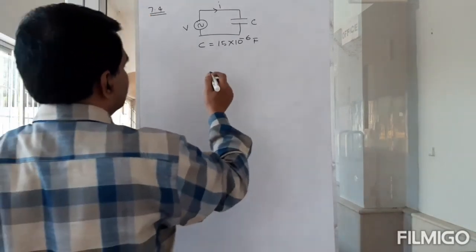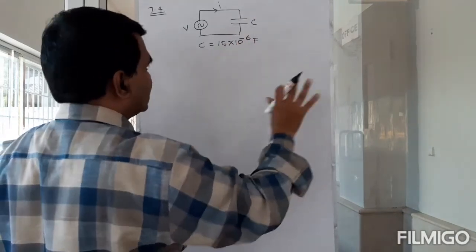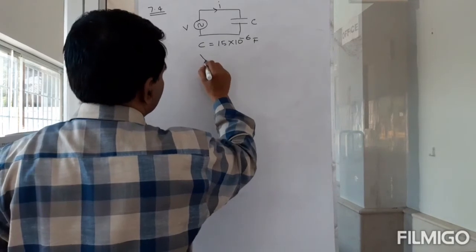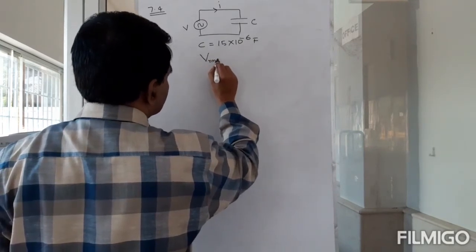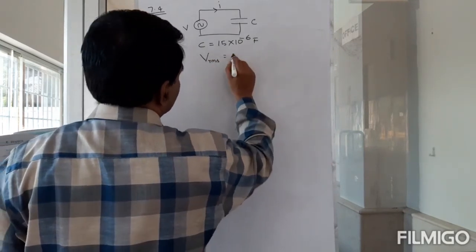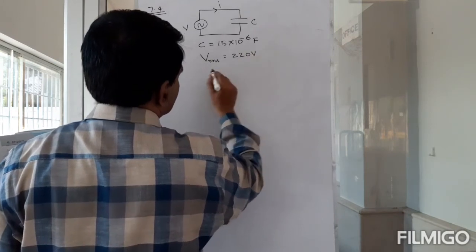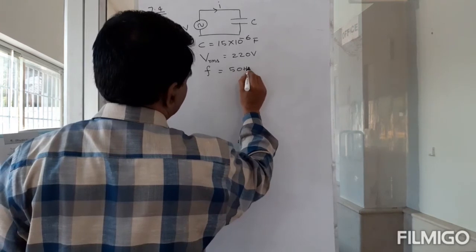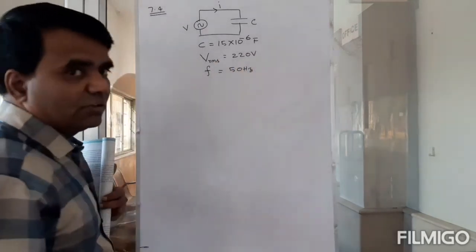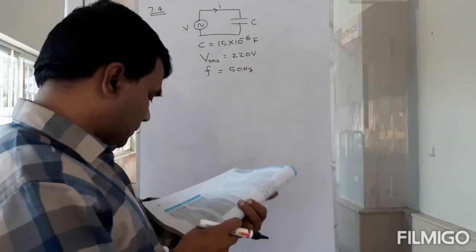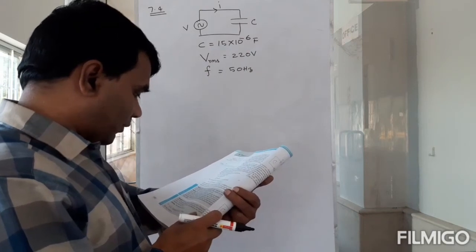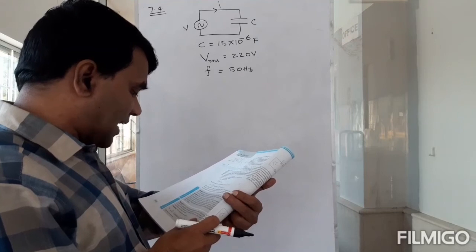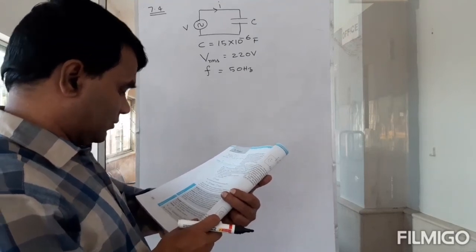I told you, if they say connected to some voltage, it always means V RMS. So V RMS is equal to 220 volts, and the frequency is given to be 50 hertz. This is typically the voltage you get at home. Then find the capacitive reactance and the current.